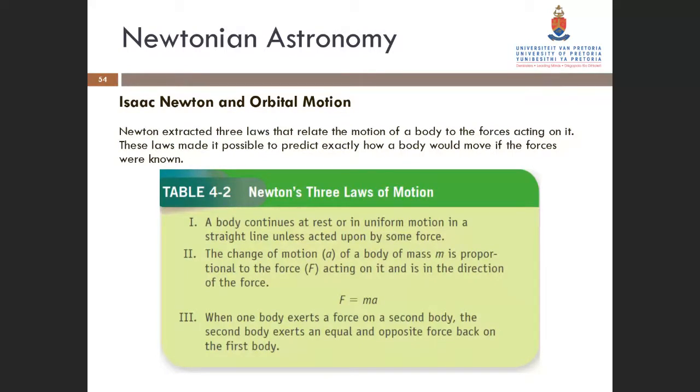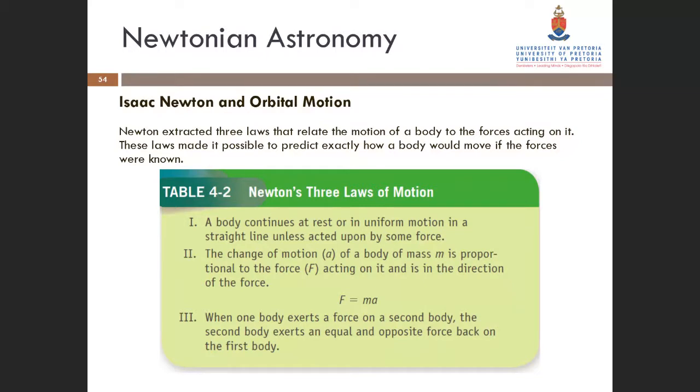Newton extracted three laws that relate the motion of a body to the forces acting on it. These laws made it possible to predict exactly how a body would move if forces were known. So, Newton's three laws, just a summary. Law 1: a body continues at rest or in uniform motion in a straight line unless acted upon by some force.